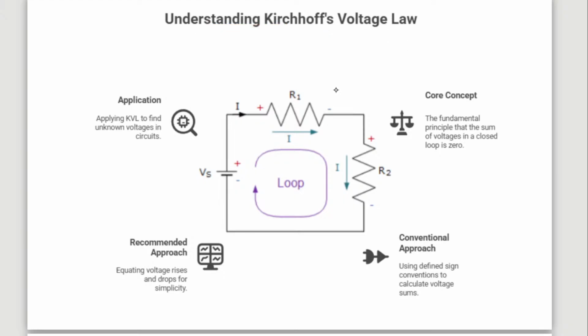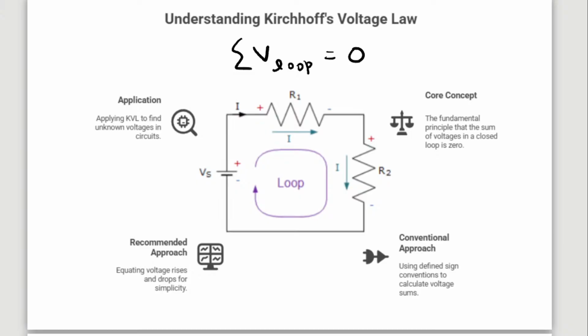KVL is nothing but the algebraic sum, or the net sum, of voltages across a closed loop is 0. We can write sigma V around the loop equal to 0.